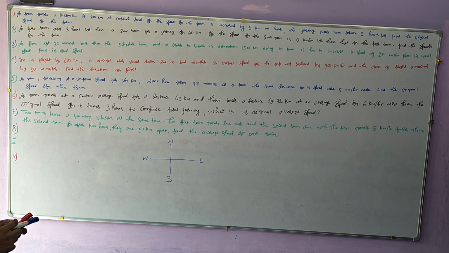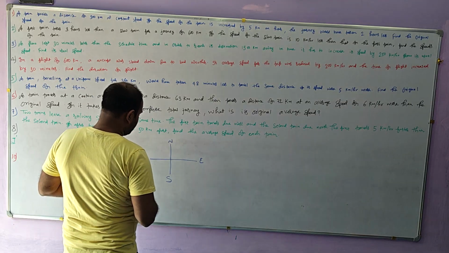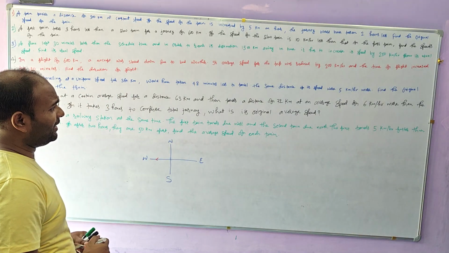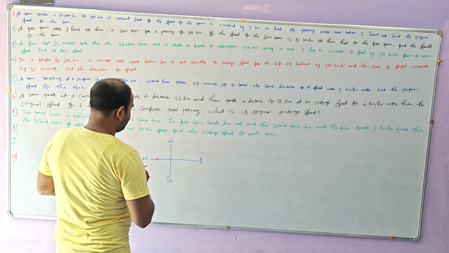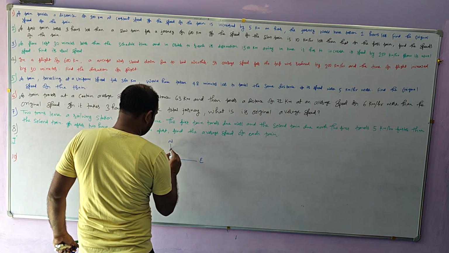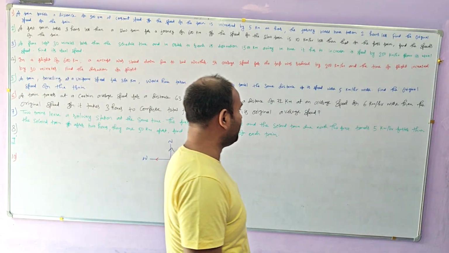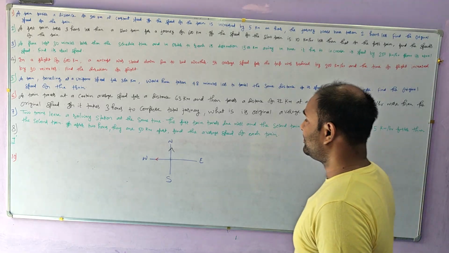The first train travels due west, and the second train due north. The first train travels 5 kilometers per hour faster than the second train.